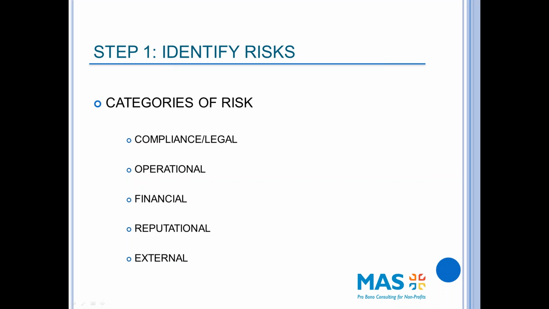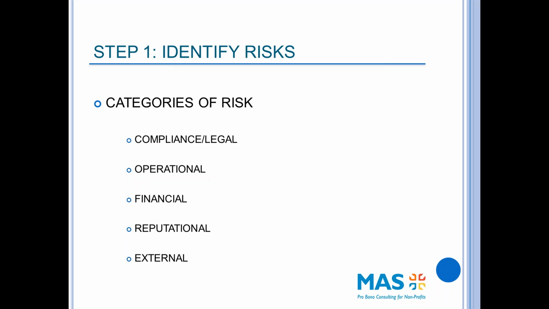So we're going to go through each of these and give examples of risks that may be in your organization. And remember that this is just kind of a starting point. It's just to help you identify risks. These are not the risks, they're types of risk.